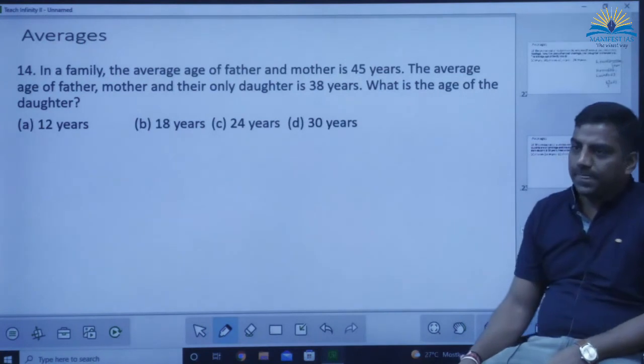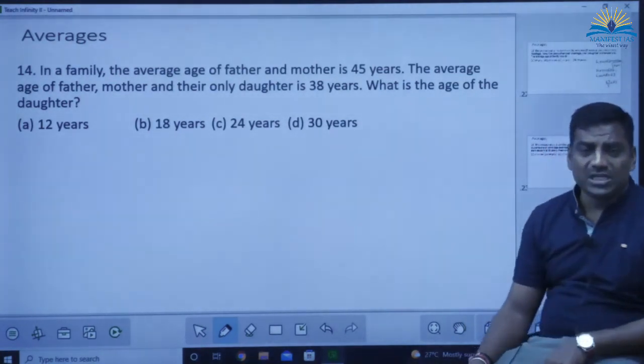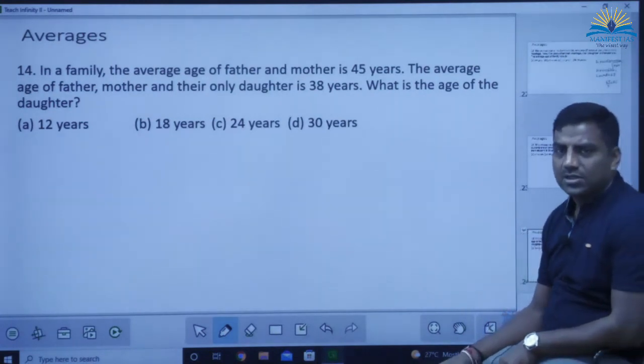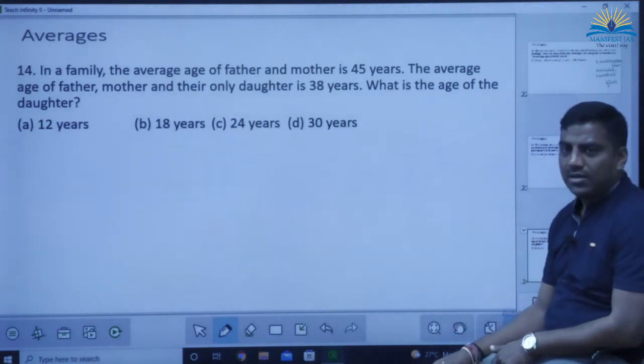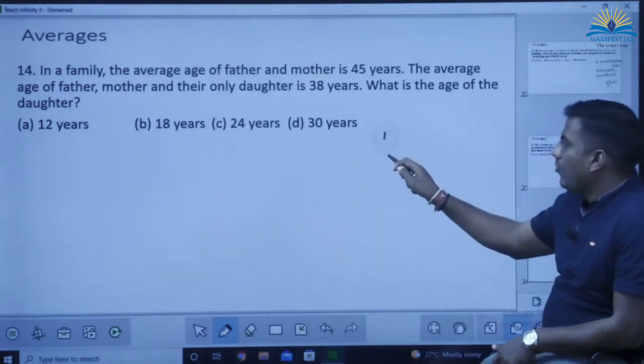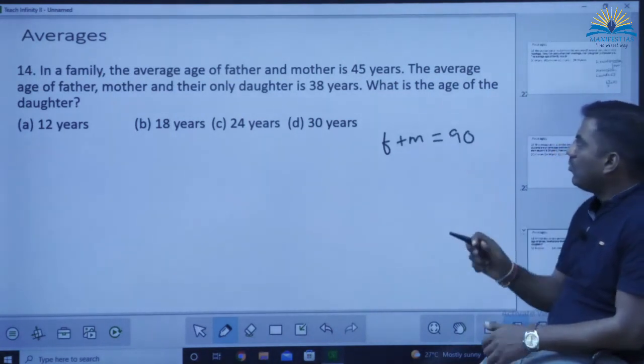In a family, same thing. The average age of father and mother is 45 years. So father plus mother, how much? 90. One more fact.